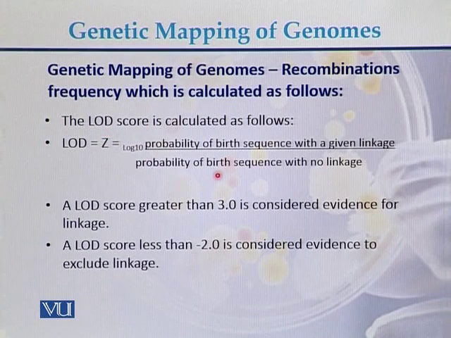So here is the formula for how the LOD score is calculated. A LOD score greater than 3 is considered evidence for linkage, while on the other hand, a LOD score less than -2 is considered to exclude linkage.